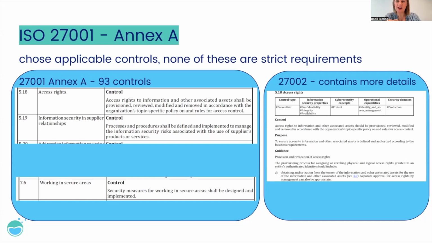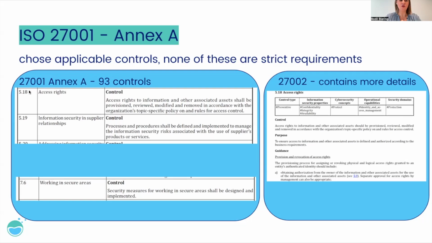But you do need to have a good answer if someone asks, why is that control not applicable to you? For example, a control can be working in secure areas. You might not have any kind of secure areas or work that needs secure areas. So you can say that's not applicable, and you can explain why.